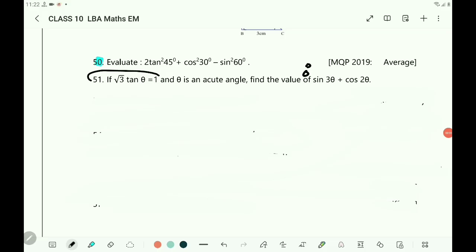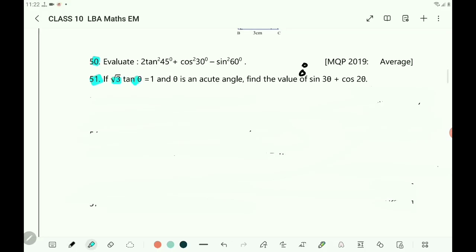Next question, question number 51. If root 3 tan theta is equal to 1 and theta is an acute angle, then find the value of sin 3 theta plus cos 2 theta. Take root 3 tan theta equals 1, that is given.